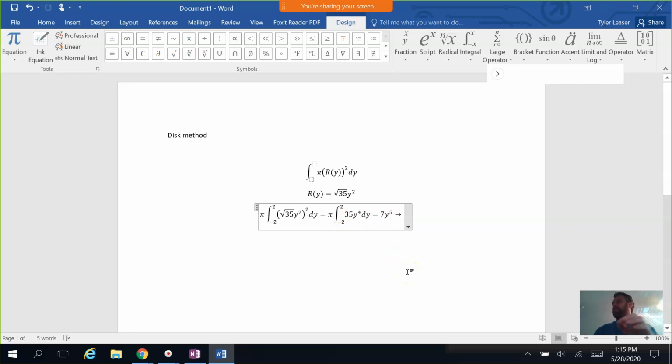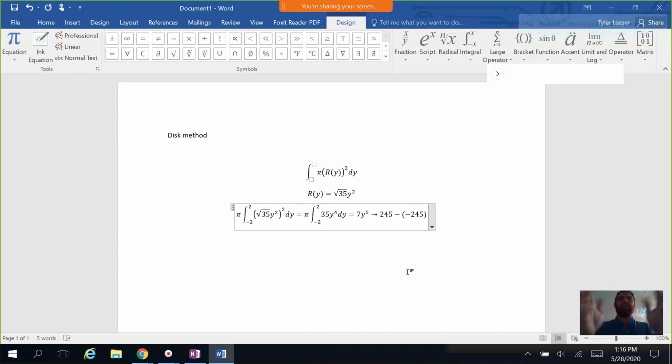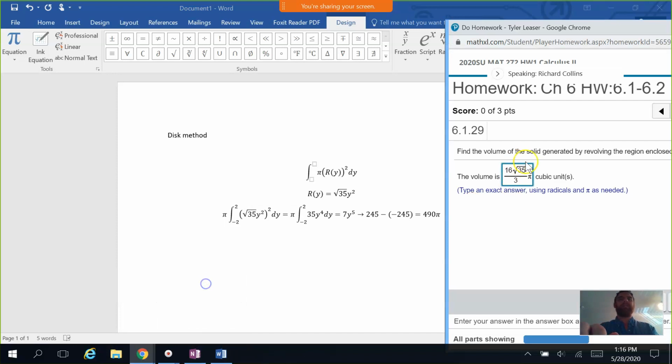So 35 times 7, whatever that is. I have a calculator here. $245. So it's going to be 245 and then minus a -245. And then my pi should still be floating around somewhere as well. So 490 pi. We'll try that instead.